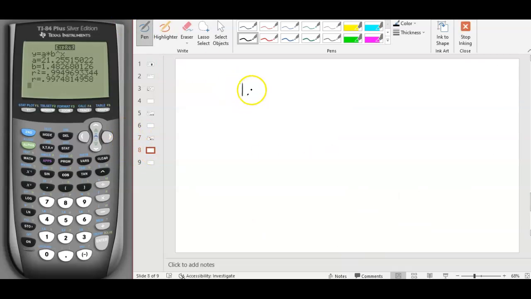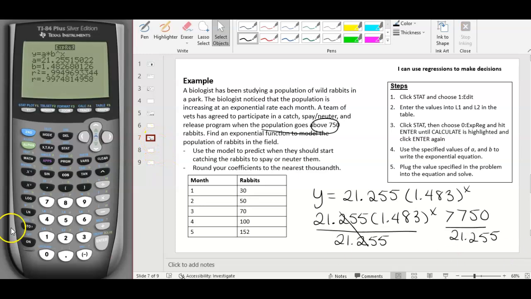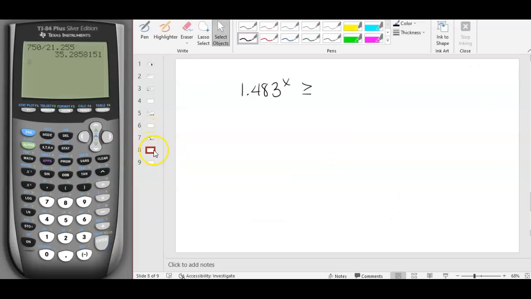Okay, so I have 1.483 to the x, and I'm trying to figure out when that's greater than or equal to 750 divided by 21.255. Okay, so when I hit enter, that gives me 35.286.